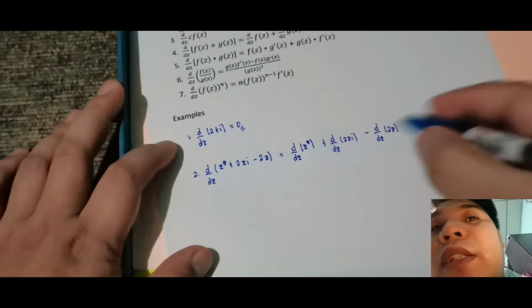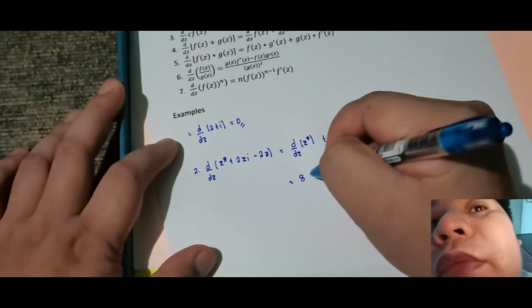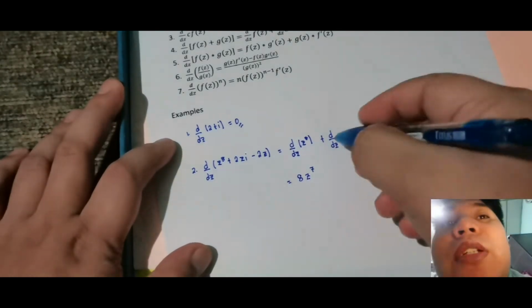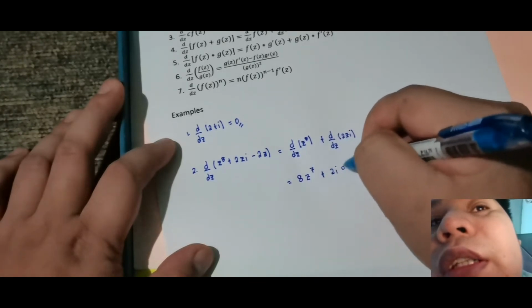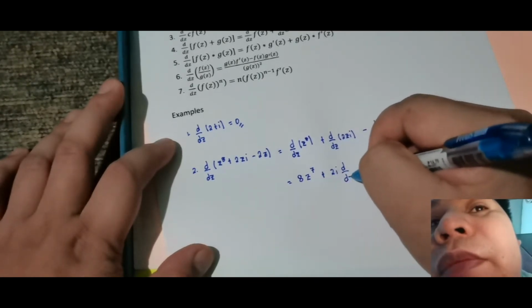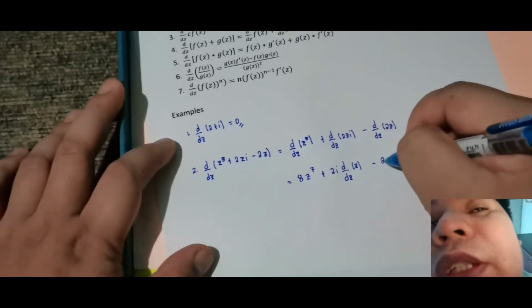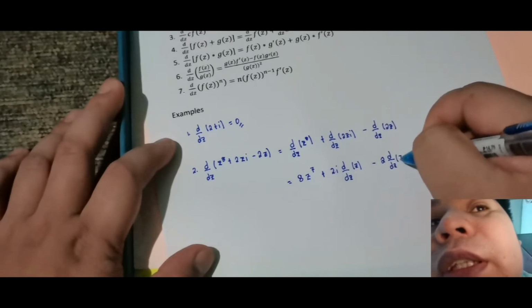Okay, next is applying power rule dito. So by power rule, this is 8z raised sa 7. Okay, then ilabas ko lang muna dito yung ating constant, which is 2i, then the derivative with respect sa z ng z, minus, ilalabas ko din si 2, the derivative with respect sa z ng z.